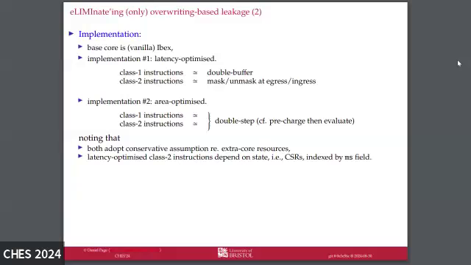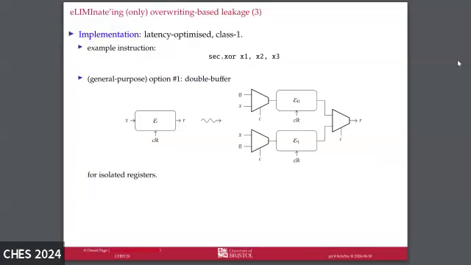Okay, so I wanted to show you some pictures of how implementation number 1 looks. The example here is an XOR, but essentially it doesn't matter so much. Within the core, there are 2 different types of resource that we try to deal with.